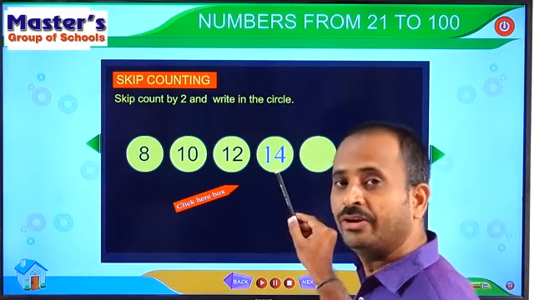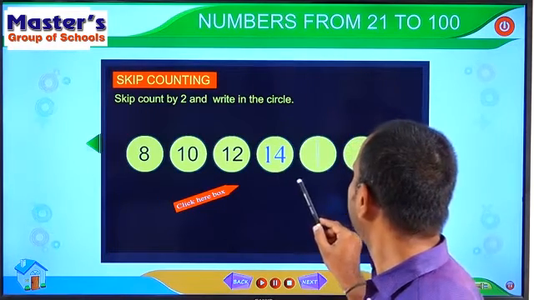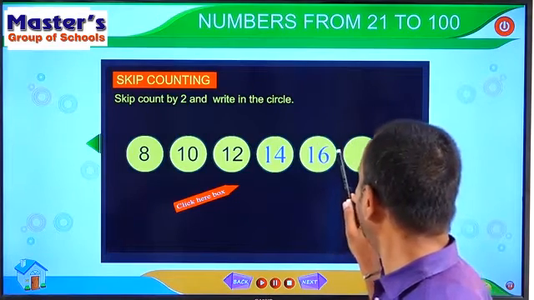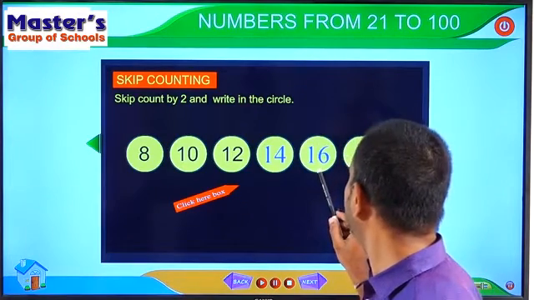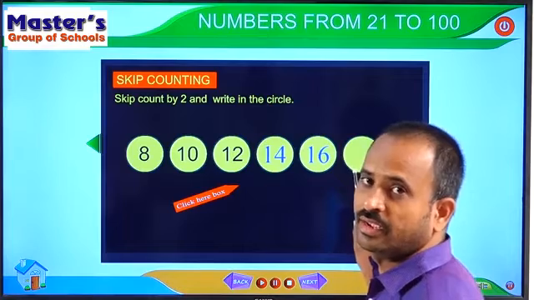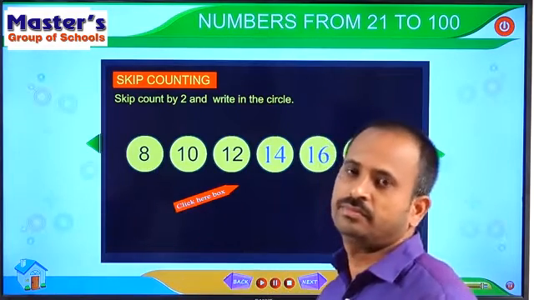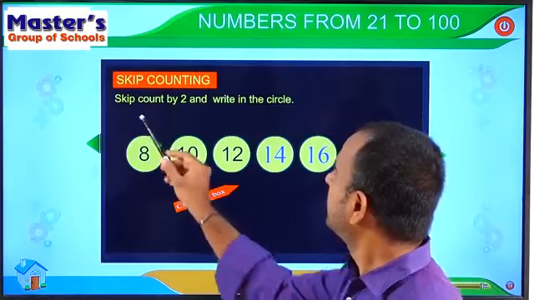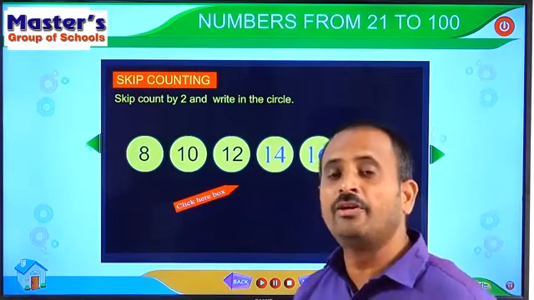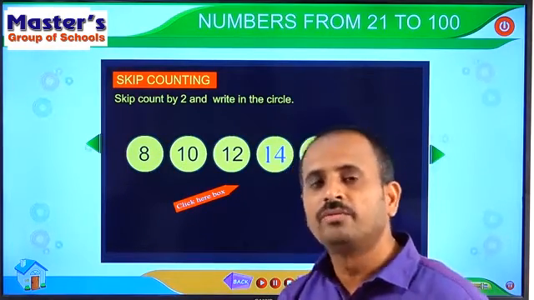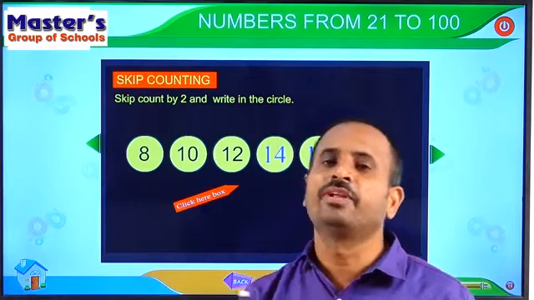Again add 2 to the 14, we will get 16. Again add 2 to the 16, we will get 18. So this is called skip count by 2. In this way, with skip count by 3, we have to add 3 to each number. And if it is skip count by 4, we have to add 4 to every number.